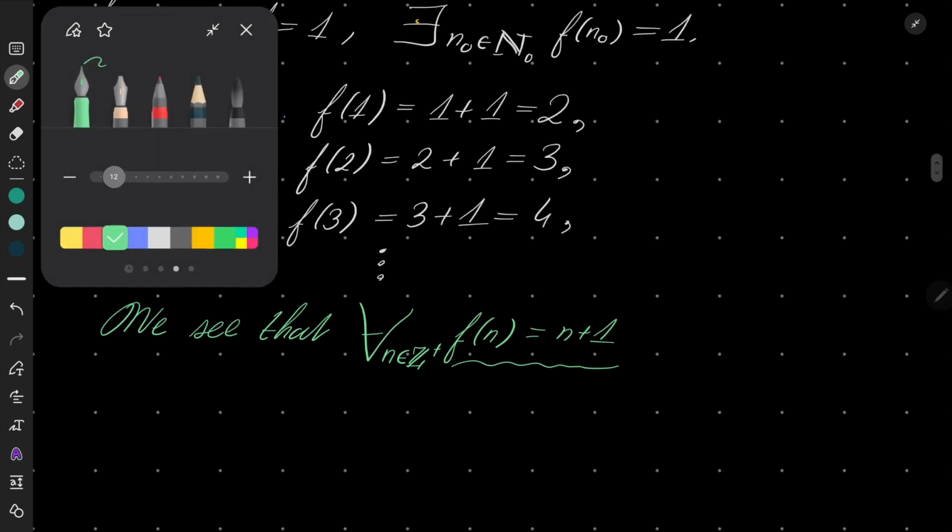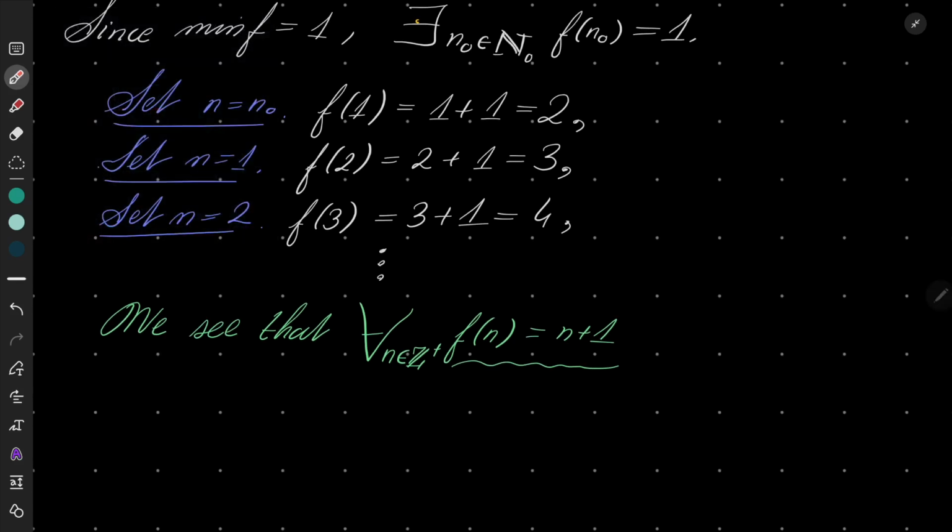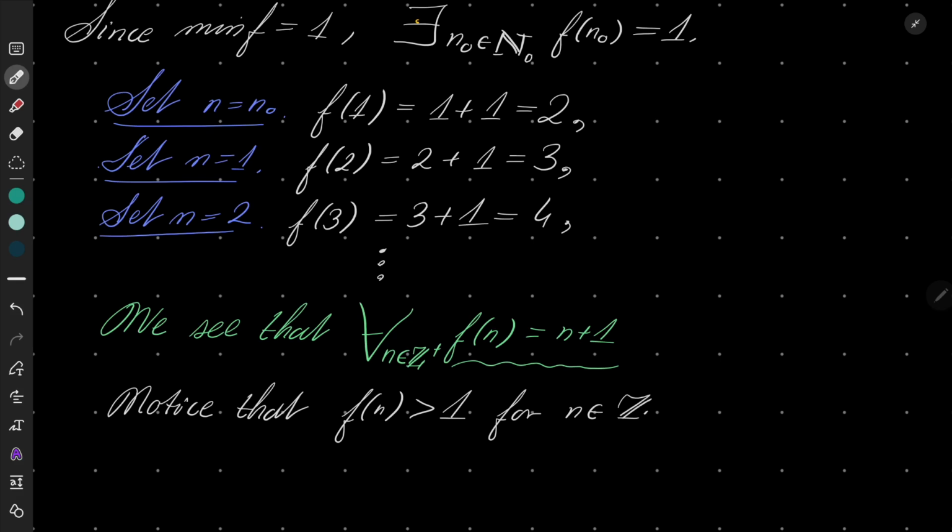Well, notice that f of n is greater than 1 for positive integers n, and we know that the minimum value, which is 1, is attained, but it's not attained by any positive integer.